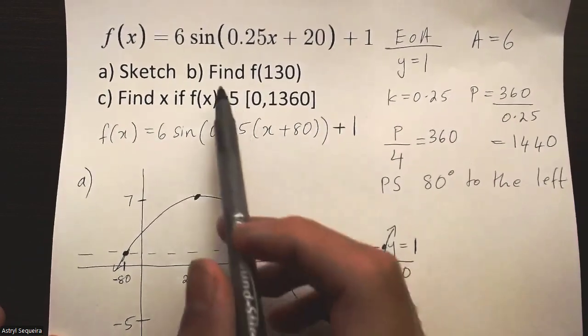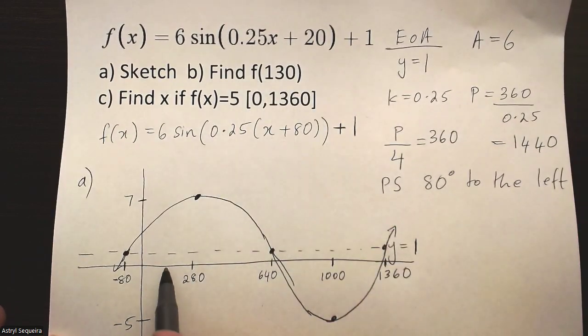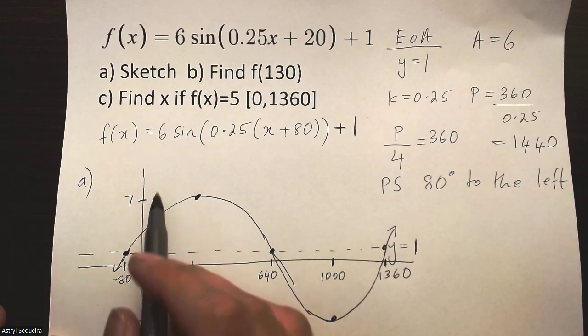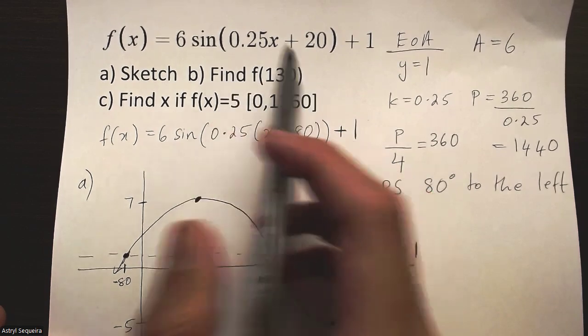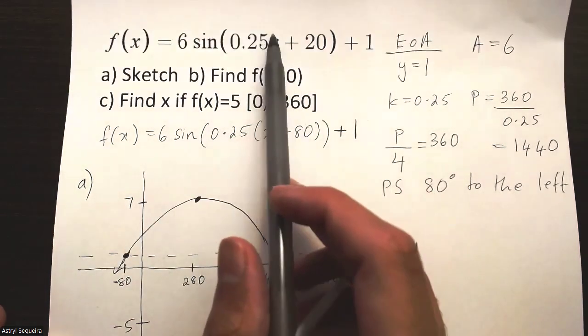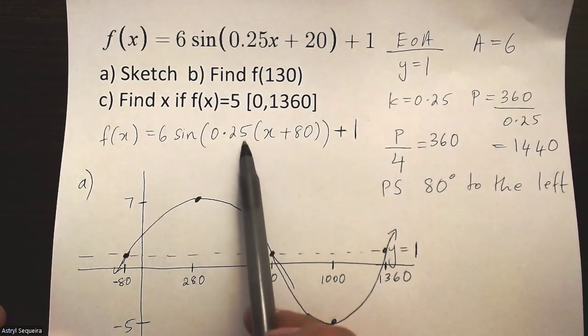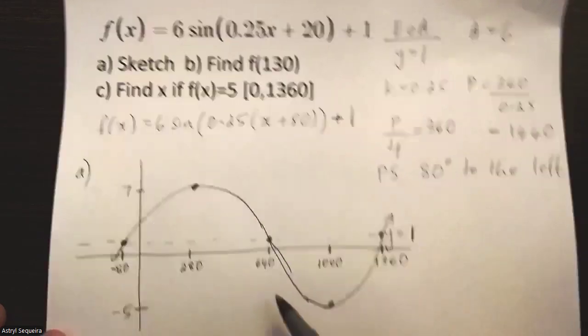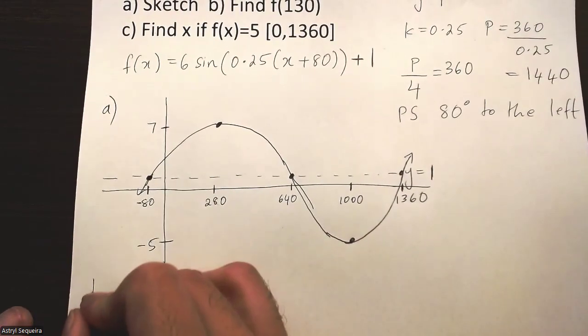The B part of the question says to find f of 130. 130 is somewhere over there, so I know my answer should be somewhere between 1 and 7. To calculate it, I'll just sub it into either the original equation or into this one. I'll just do it in the original one because the calculation will be easier.